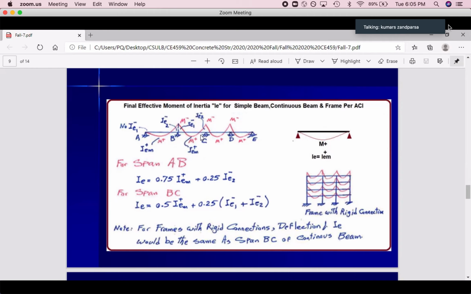For BC, it's the same equation as the other page that you saw: 50% of the positive plus 25% of this plus 25% of that one. That's your final IE. For the frame that has rigid connections, you have negative, positive, negative, negative, positive. All of them should be considered as BC, because you have two negative, one positive, two negative, one positive.